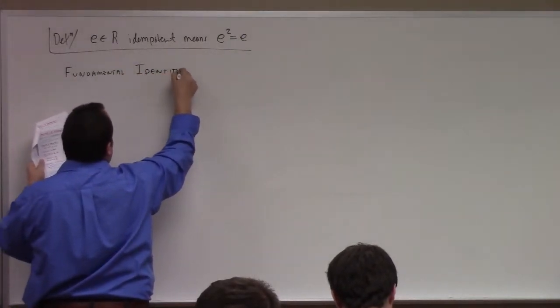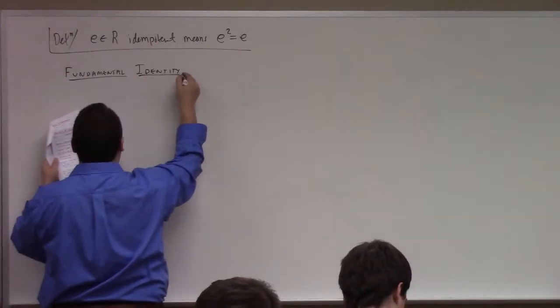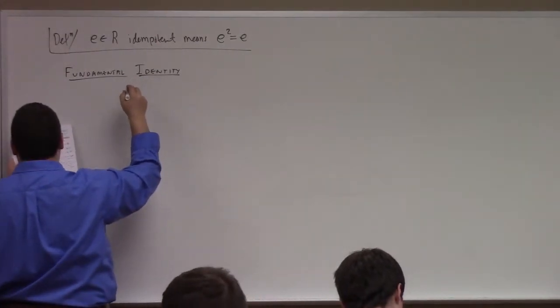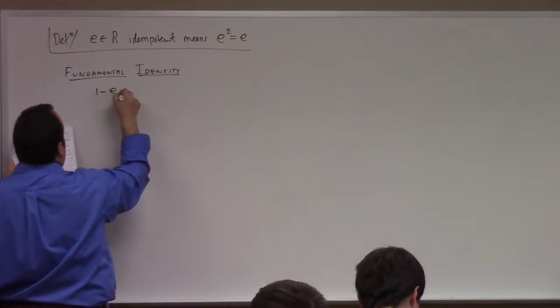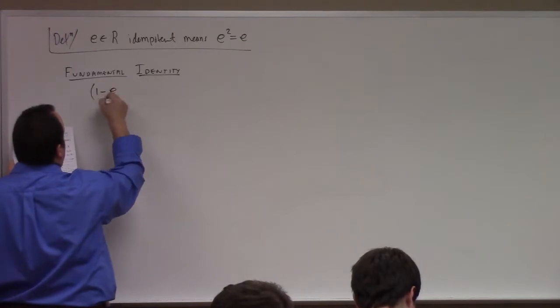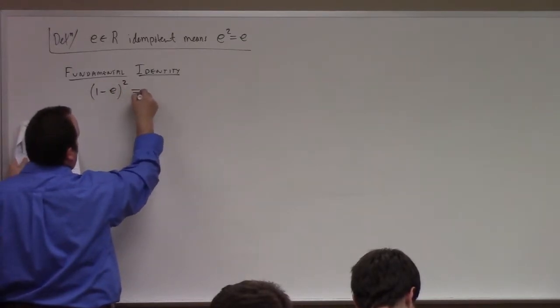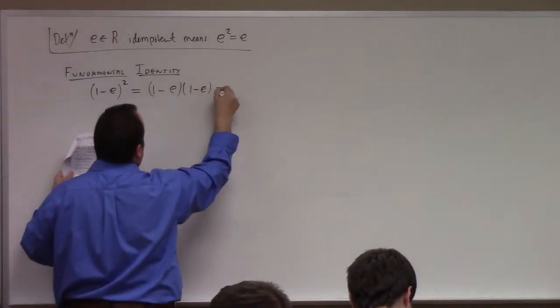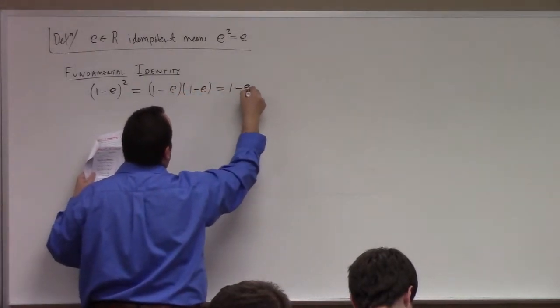If you look at the proofs that involve idempotence, they all dance around this observation here, which is that 1 minus e is an idempotent. So like (1 minus e) squared is what? Yeah, it's 1 minus e.